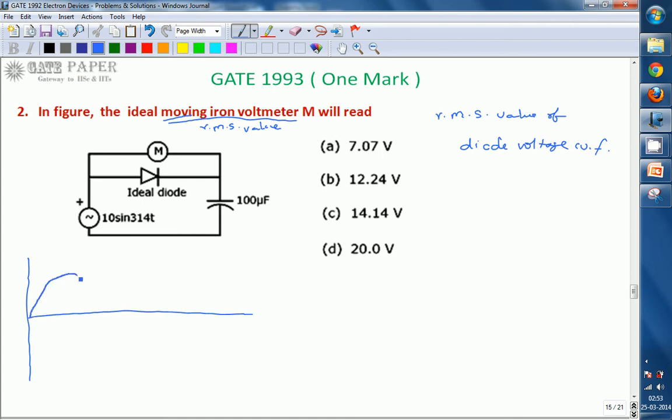Initially positive half cycle, later negative, then positive and negative again. This is 0, and this is the time axis, omega t. This is the first quarter cycle, omega t is pi by 2, then pi, and this is 2 pi.